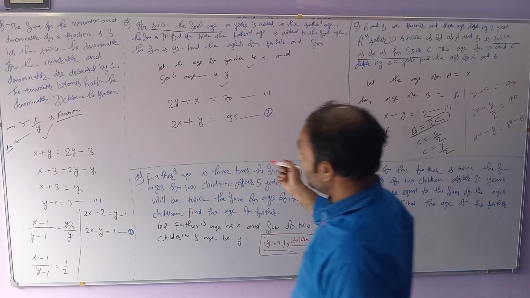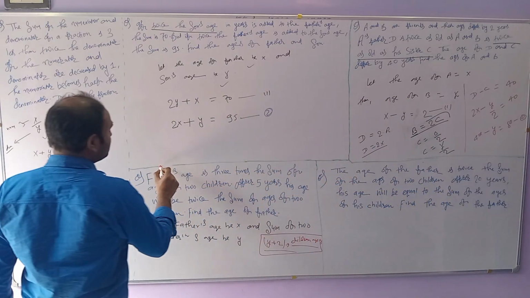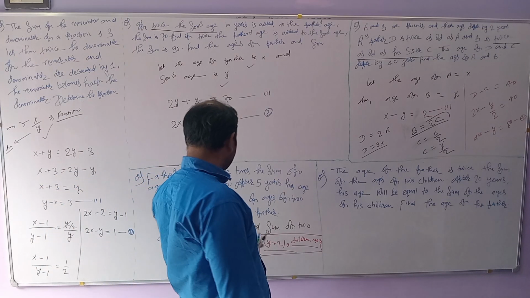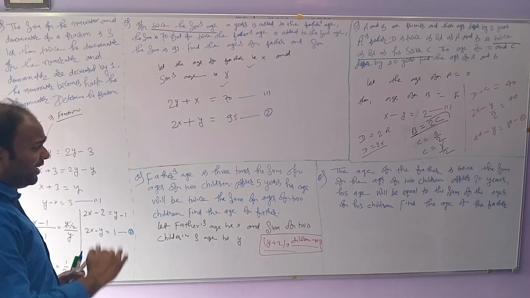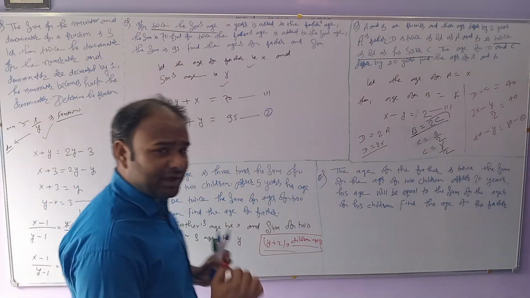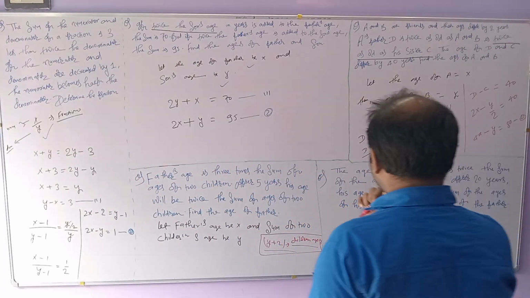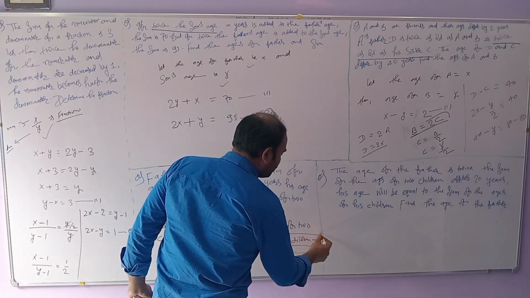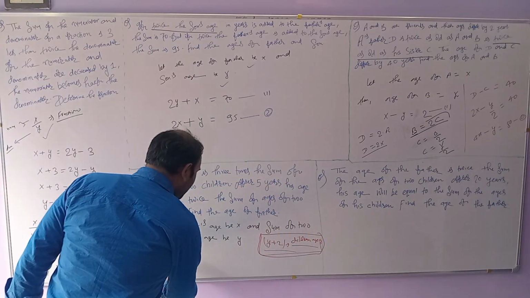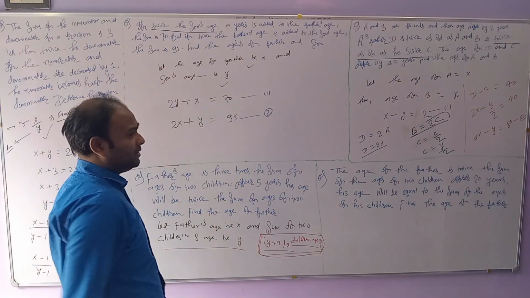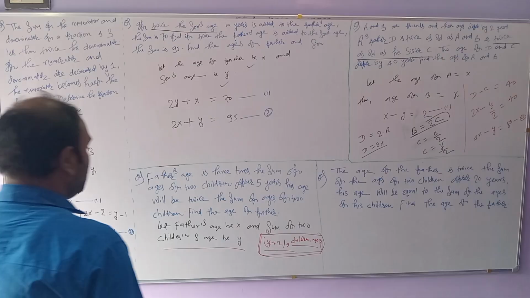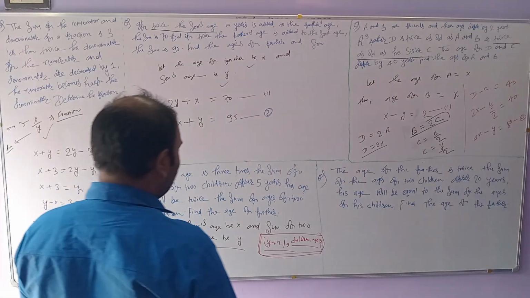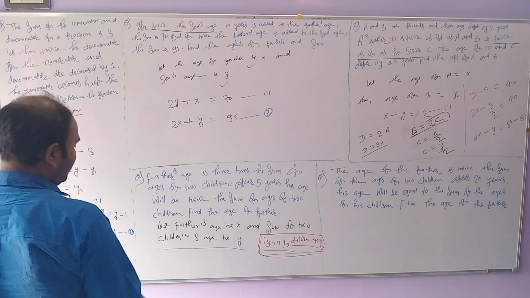That is not mentioned in the question, the difference of age in their children. So we can't use this type of method to solve the question. We simply go with this method. So let the father's age be x and the sum of the children's age be y.